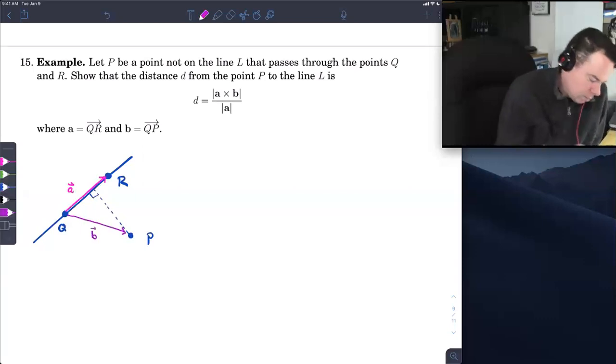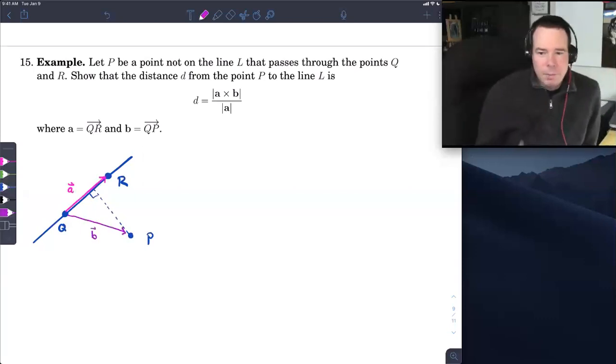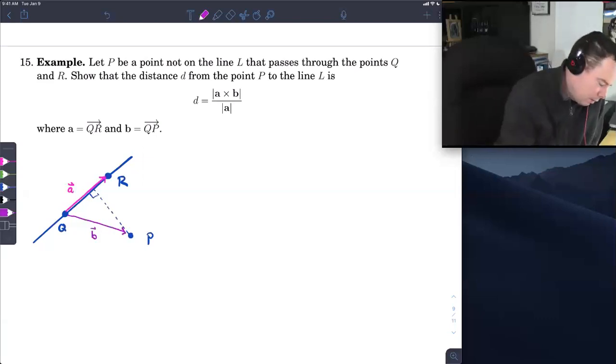So that's our vector B. It doesn't matter what that vector B is. I could have gone from R to P, or I could have picked an arbitrary point on the line and just drawn it out to P. The only thing that matters is that I've constructed a vector B that goes from a point on the line out to the point P.